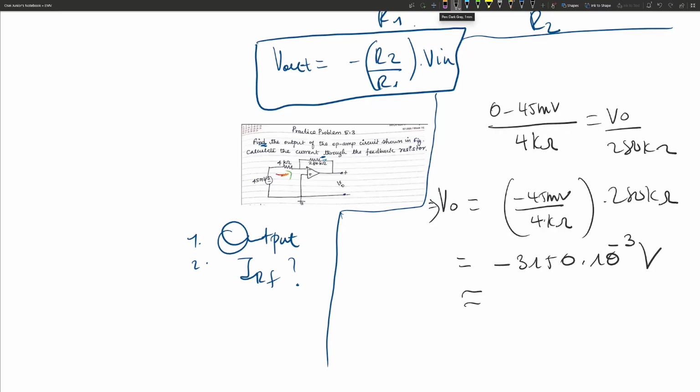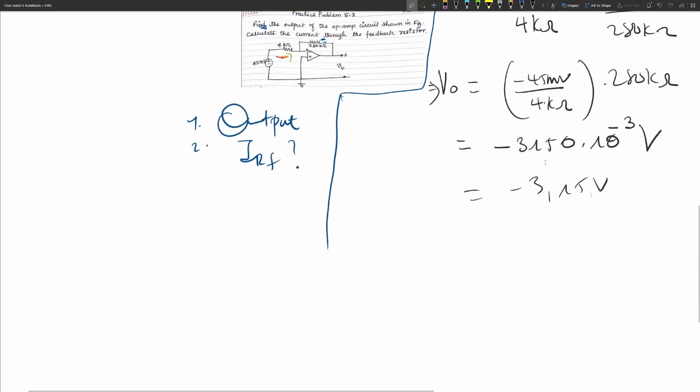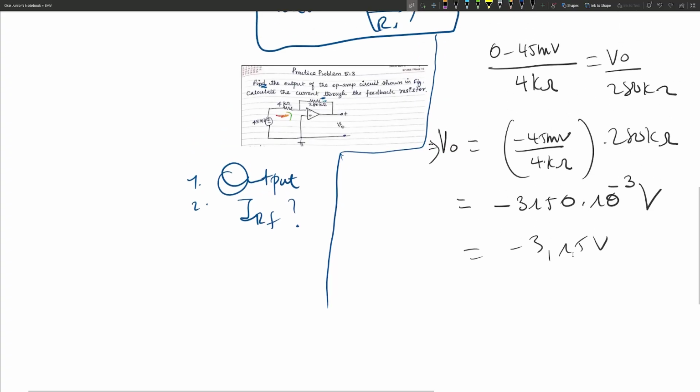So it's just minus 3.15 volts. So this is the value of the output voltage V0. So we've been able to derive it. Meaning minus V0, the current is flowing in the opposite direction. Please bear it in mind.